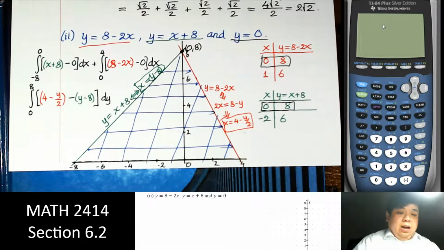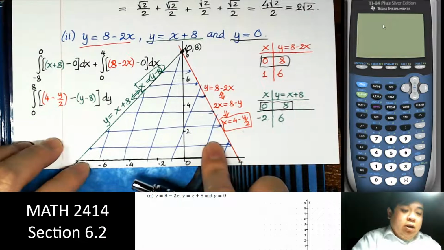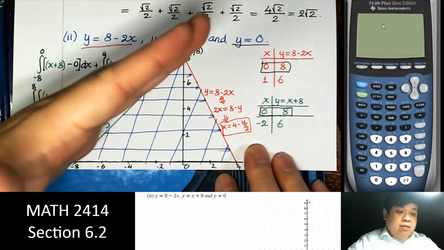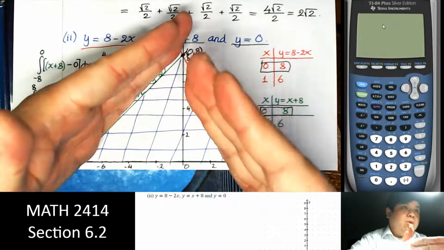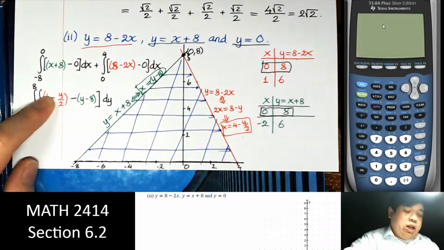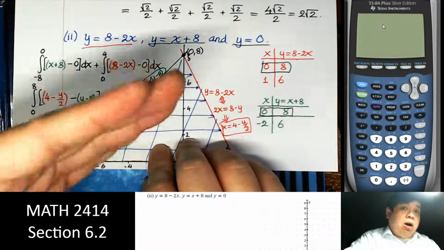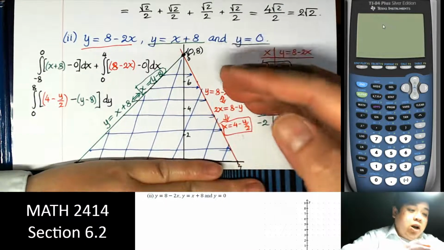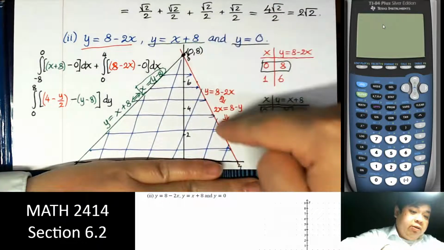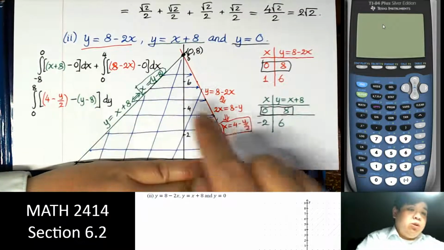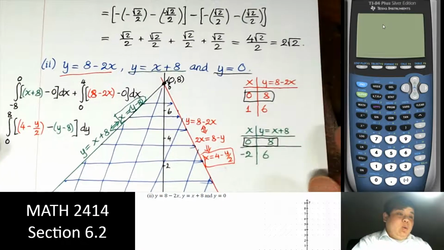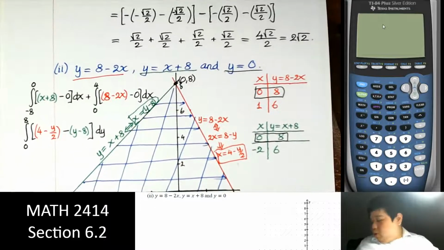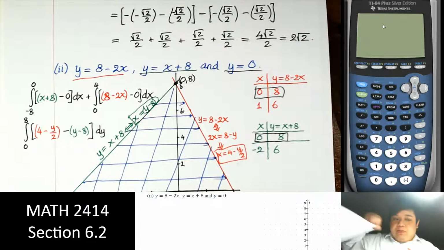So, because in this problem we are using the left and the right, there's one on the left, one on the right. So we only have one integral. If we're talking about up and down, or above and below, there's one function below, yes, but two functions above. So we have to have two integrals. So if we have more than one boundary, then we have more than one integral.